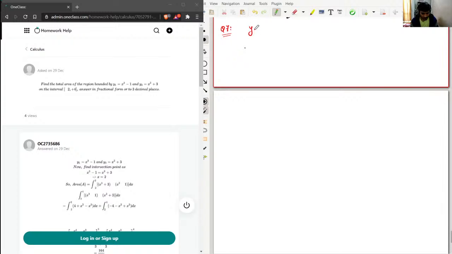So I'll write y1 as x cube minus 1, y2 is x square plus 3, and the interval given here is -2 to 4.